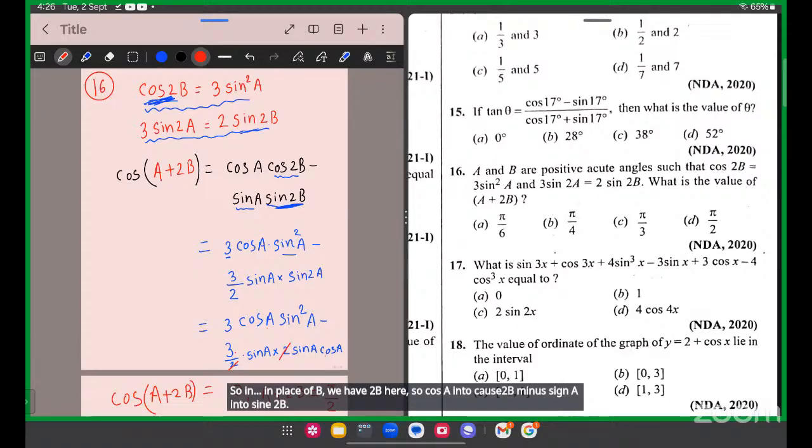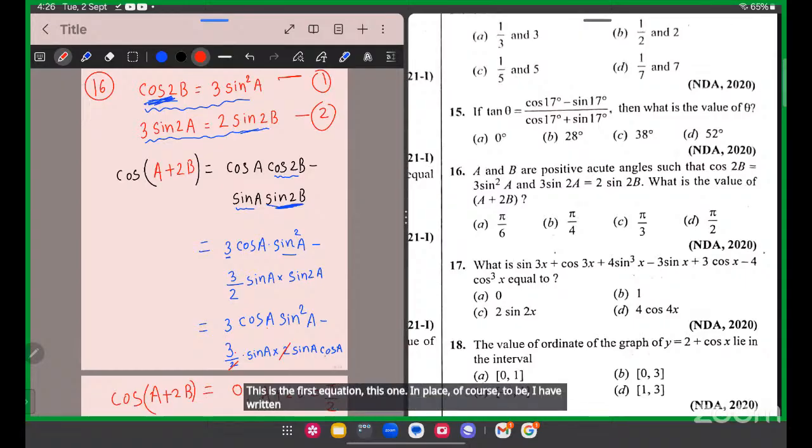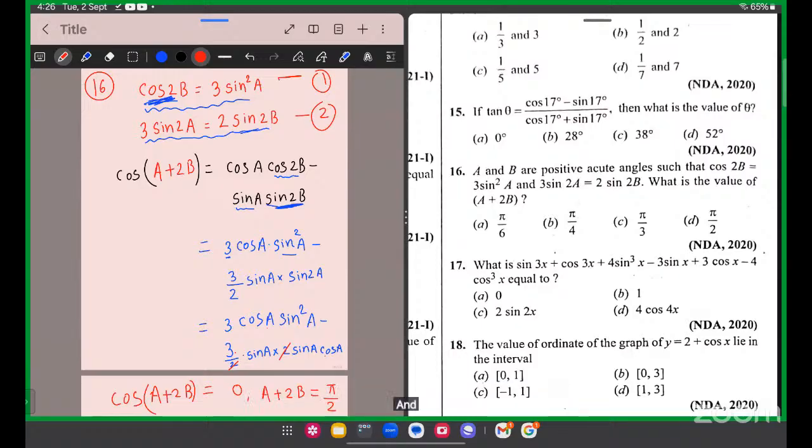In place of cos 2B from the first equation, I have written 3 sin square A, so it becomes 3 cos A into sin square A. Similarly, in place of sin 2B, I have written 3 by 2 sin 2A, so it becomes 3 by 2 into sin A into sin 2A.